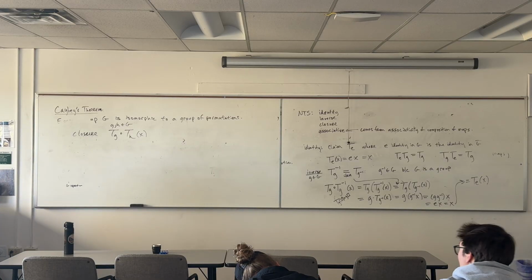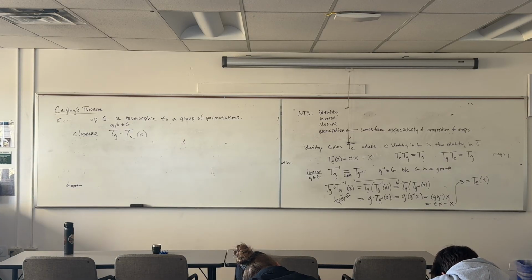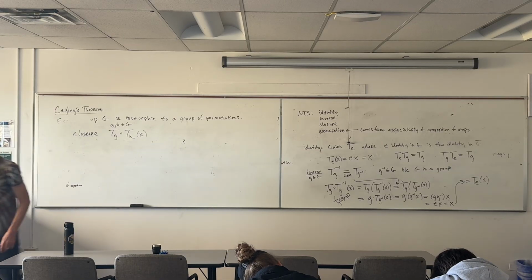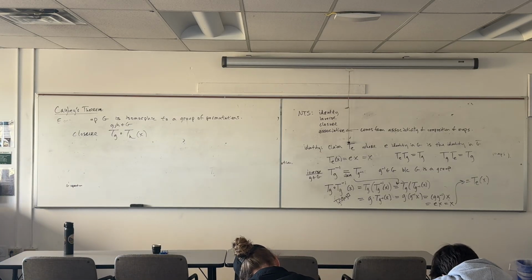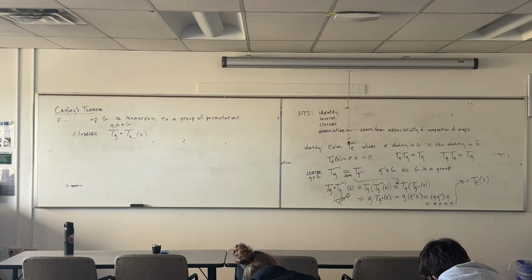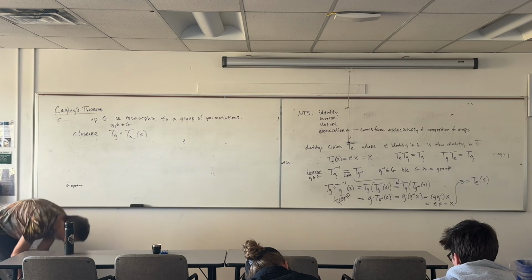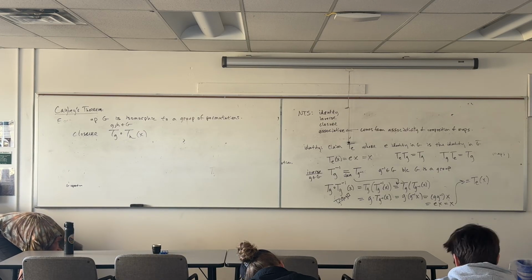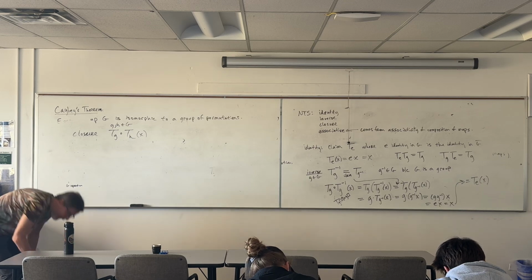Just maybe work it through, just so you get a feel for working with these things. You can work from inside out or outside in. Both will work, get you there just fine.